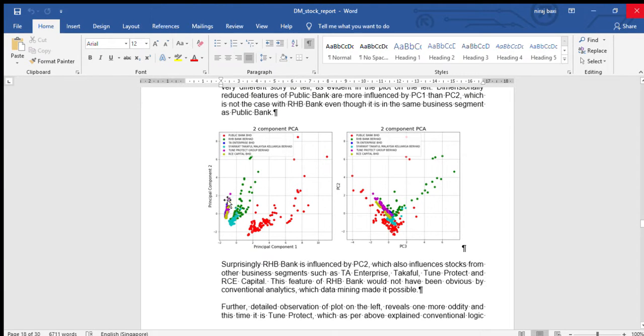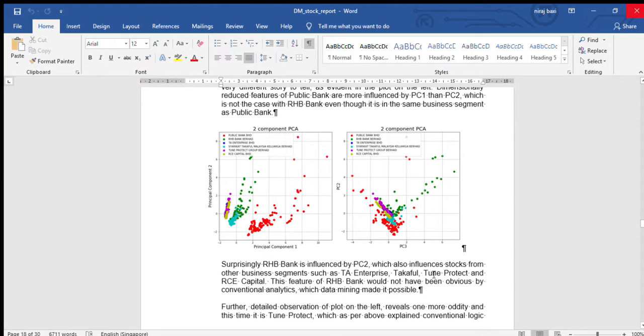And then you can see that the marketing and the financial services stocks go with Tune Protect, and at least I would not have wondered why an insurance company would behave like a financial services and private loan services company, but it does. So that's the story behind principal component 1 and 2.